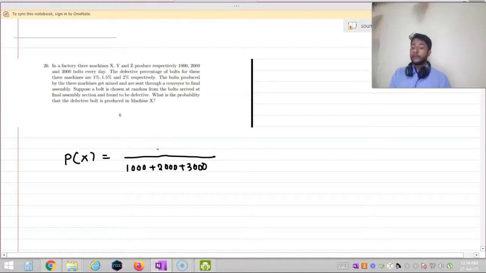In the numerator we write 1000, as X produces 1000 bolts. So this is 1000 by 6000, which is equal to 1 by 6.